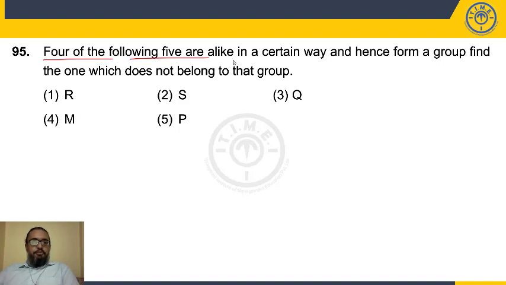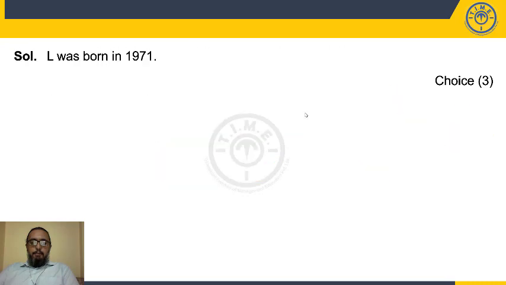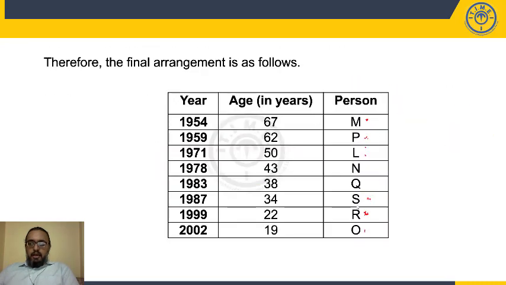The last question in the set. 4 of the following 5 are alike in a certain way and hence form a group. Find the one which does not belong to that group. So, odd one out: R, S, Q, M, P. Let's look at the ages: 67, 62, 38, 34 and 22.